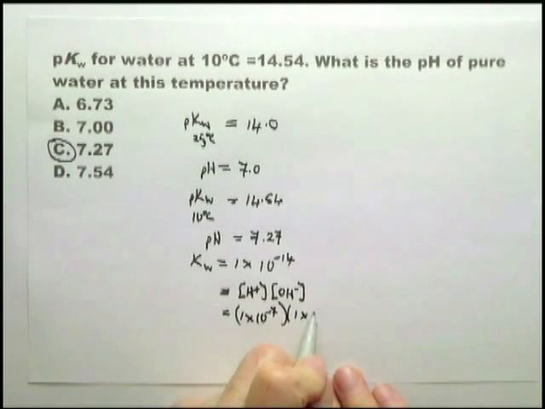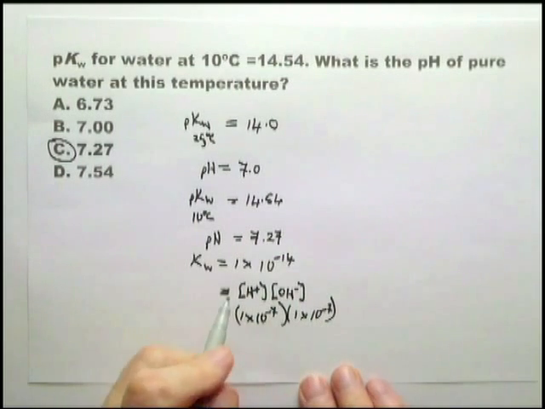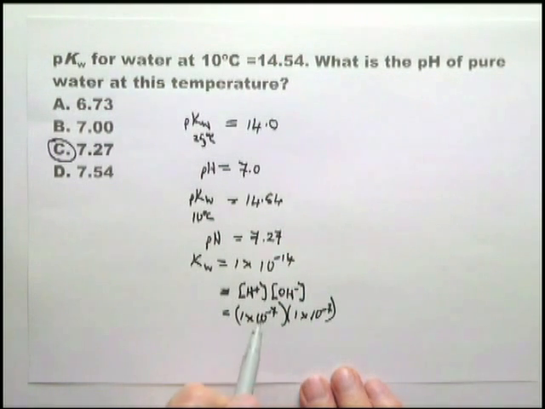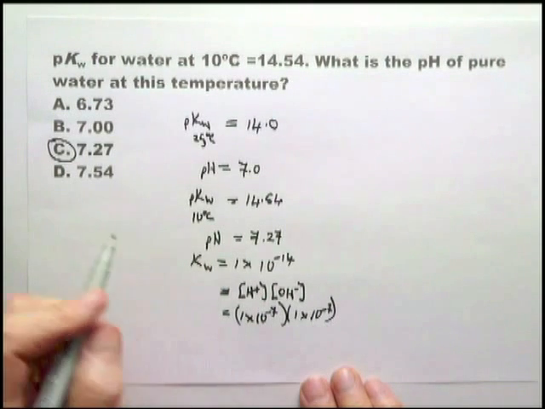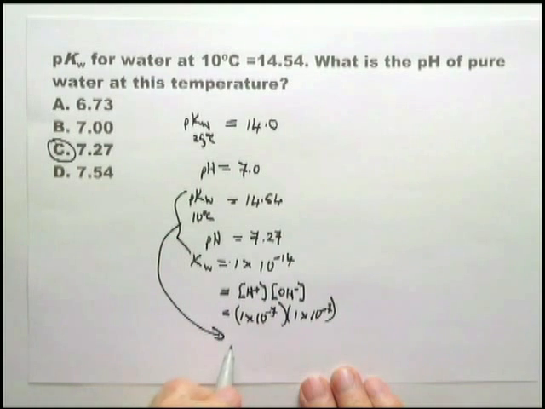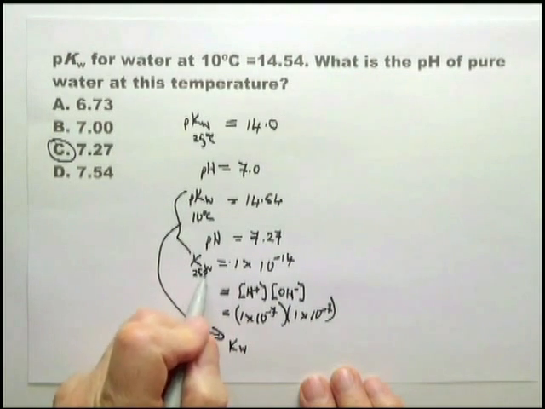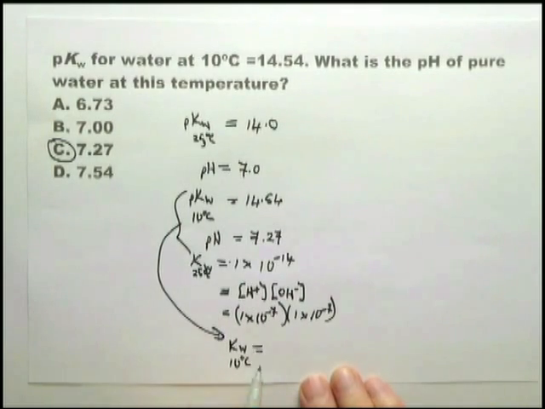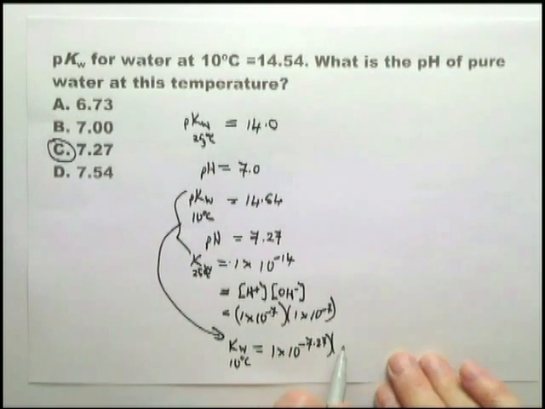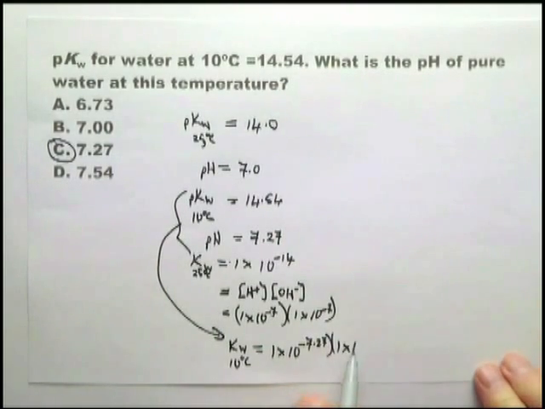Therefore that can only happen if they're each 1 times 10 to the minus 7. So they can only be true when both concentrations are exactly the same. If I go over to this, and you follow this argument, the Kw at 25 degrees centigrade, and this is at 10 degrees centigrade, that must mean that it's 1 times 10 to the minus 7.27 times 1 times 10 to the minus 7.27.